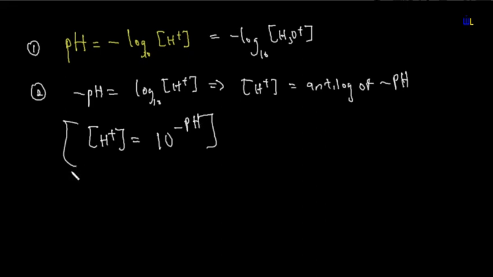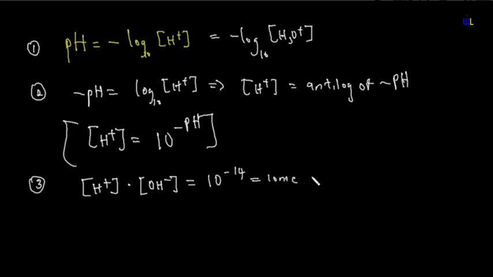Good. Now, the next point you need to take note of is that the concentration of hydrogen ion times the concentration of hydroxyl ion equals 10 raised to power minus 14. This is what we refer to as the ionic product constant of water.